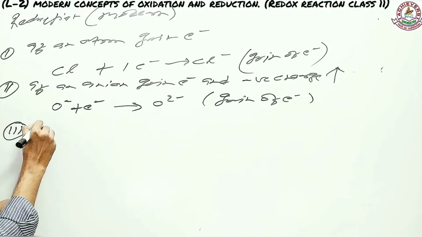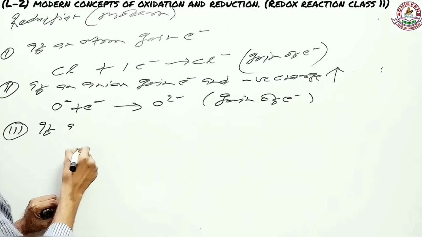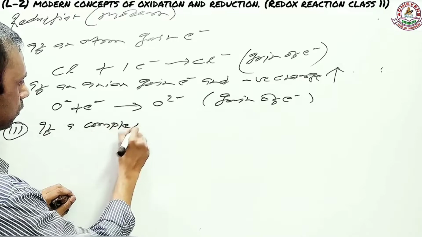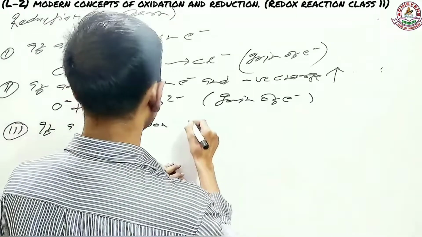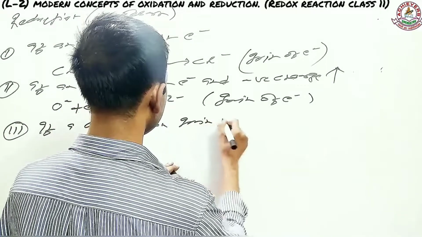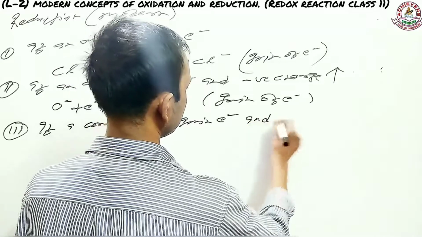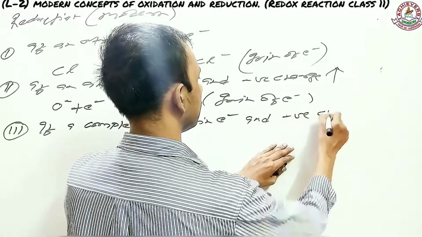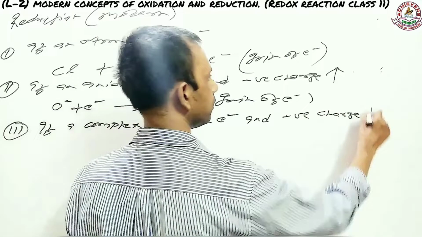Talk about the third one. This one says, if a complex ion gains electron and negative charge increases, you might get confused.